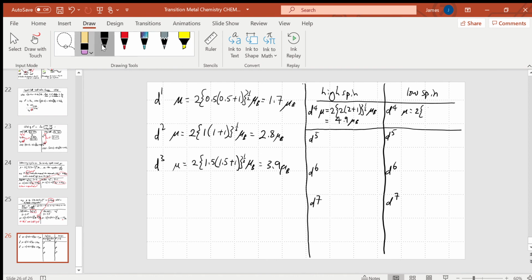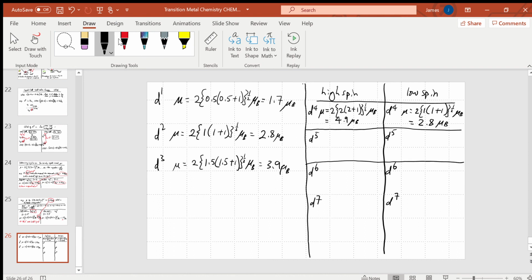It would be 1, 1 plus 1, square root Bohr magneton. That would only be 2.8. Okay, so we've got a huge difference for D4, whether it's low or high. All right, we navigated that.